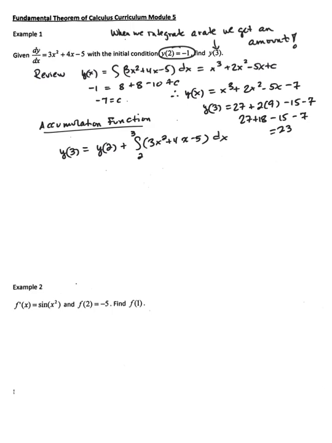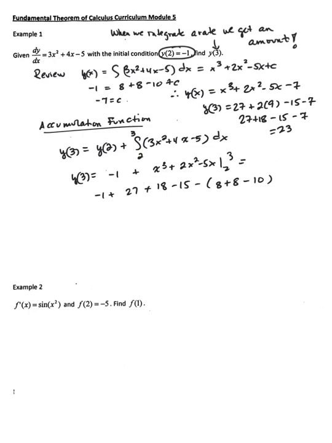So I have y of 2 is -1, so y of 3 is -1 plus x cubed plus 2x squared minus 5x from 2 to 3. So that's -1 plus 27 plus 2 times 9, 18, minus 15, minus the quantity 8 plus 8 minus 10.